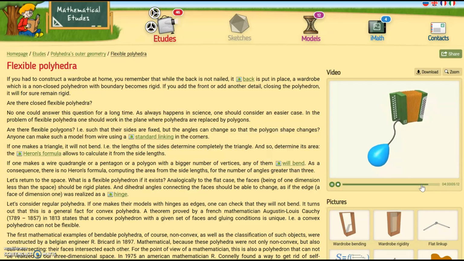And then they also show the same thing happening with a flexible polyhedron. If you were to fill it with air, the volume would be consistent. And so this was a good website too. Unfortunately, if you maximize the video, it has a lot of Russian text over the pictures, so I just left it small like that.